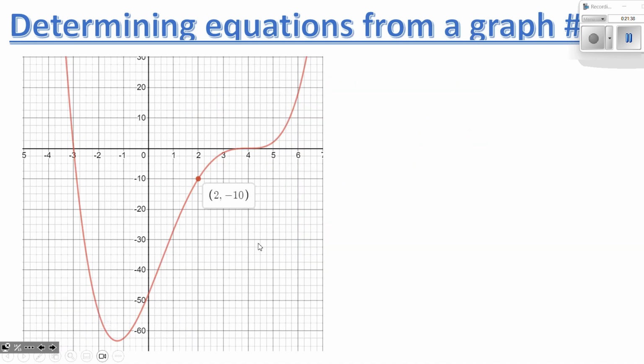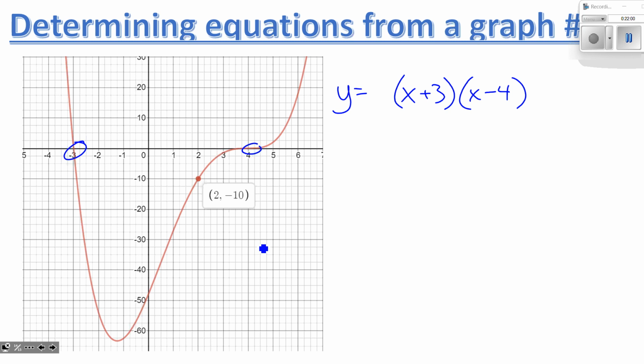All right, one last one. If you're feeling confident with it, you can go ahead and pause me and do it yourself. I'll go through it pretty quickly here now, though, as well, in case you want to do that. So I see some zeros: negative 3 and 4. So x plus 3, x minus 4.